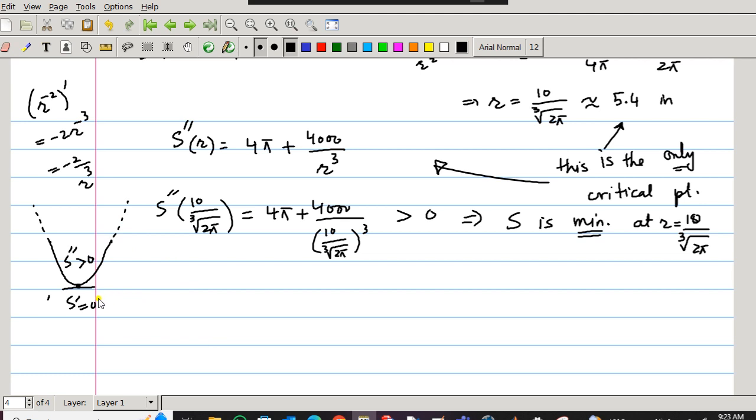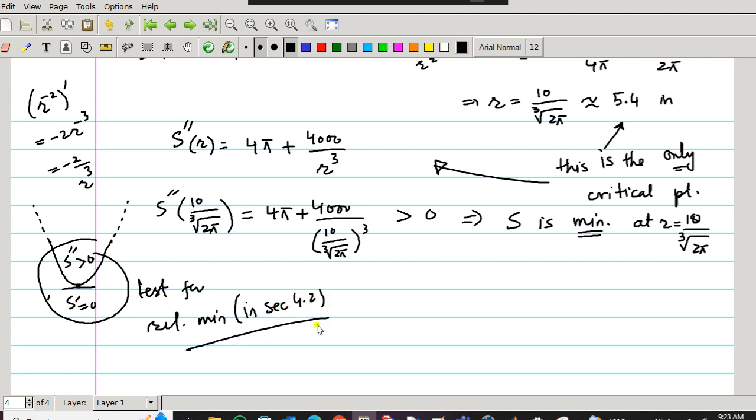Alright, so only one critical point has this benefit that the relative minimum becomes the absolute minimum. Actually, this is the test for relative minima in section 4.2.